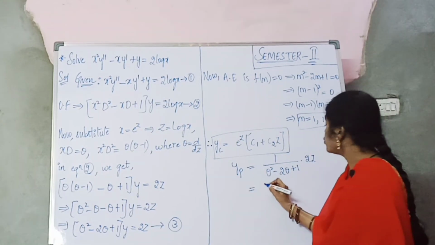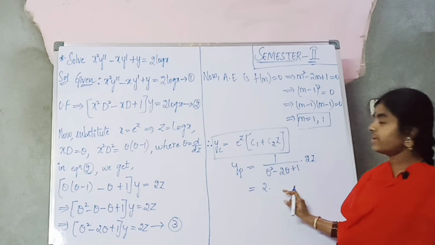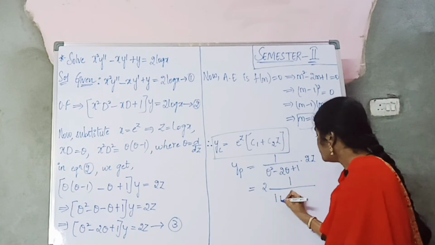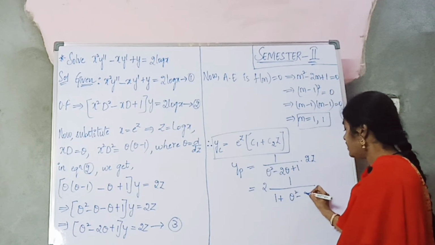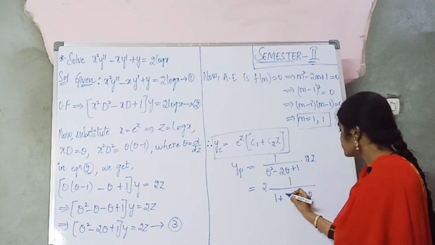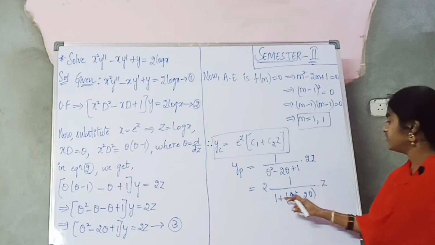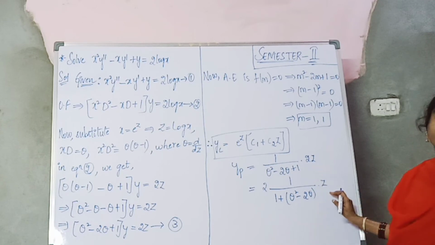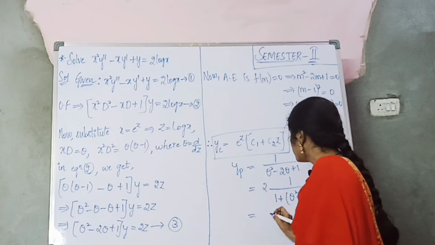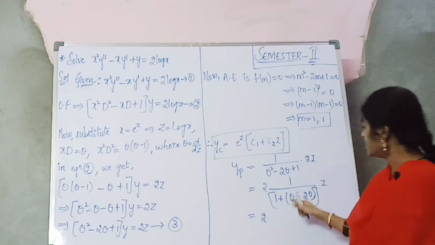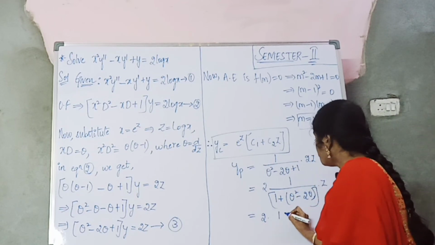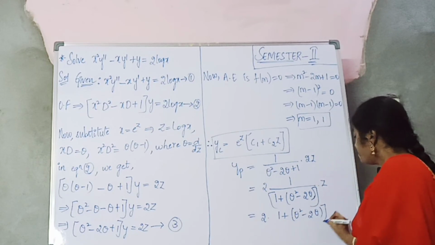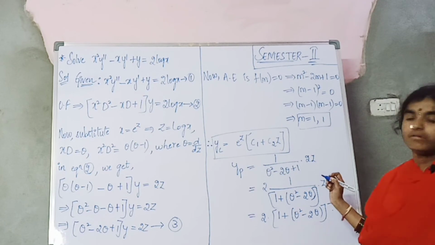Which equals 2 into 1 by (1 + θ² − 2θ) into z, which equals 2 into (1 + (θ² − 2θ))^(−1) into z.